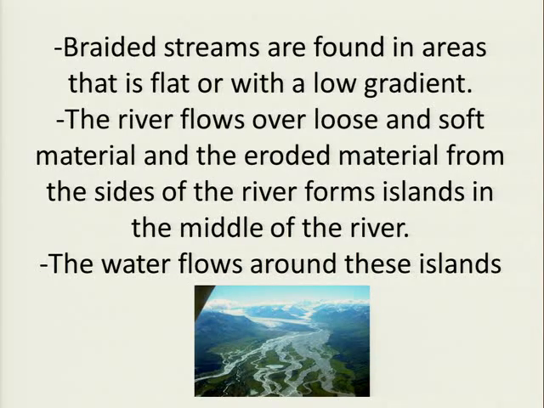A braided stream is found in areas that are flat or in areas with a low gradient. Braided streams occur when the amount of water in the river is reduced.